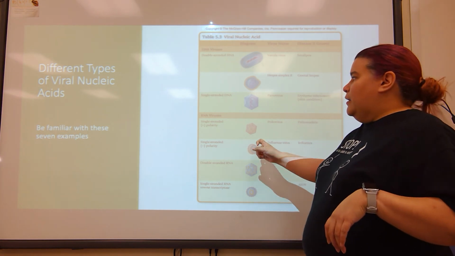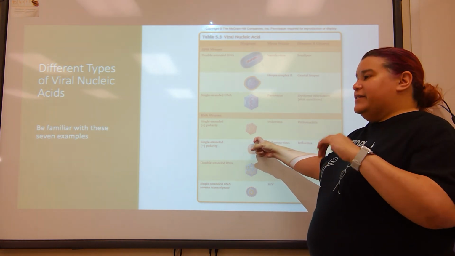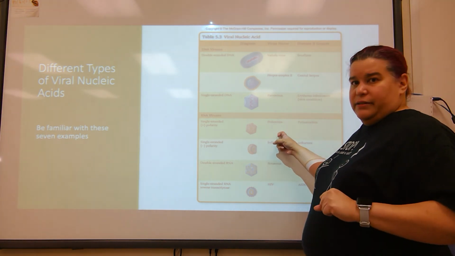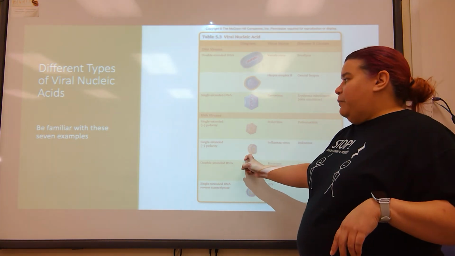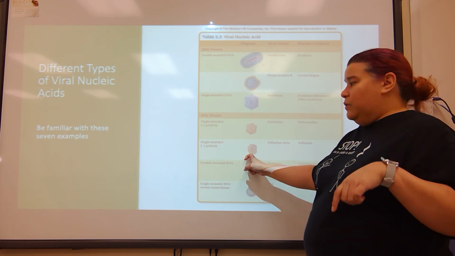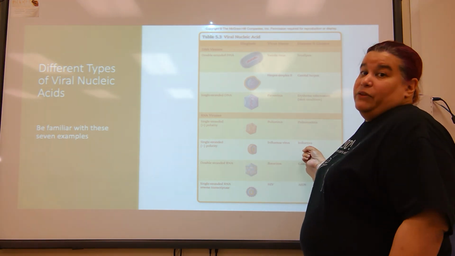Okay. An example of an RNA virus that is positive polarity, okay, is poliovirus, which causes poliomyelitis. An example of a single-stranded RNA virus that is negative polarity, it's backwards, is going to be influenza virus, which causes influenza.